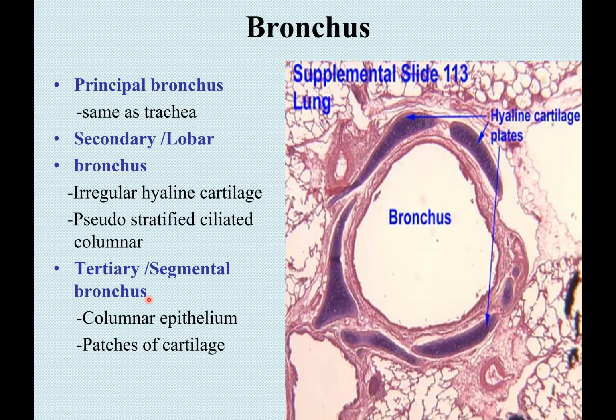So there is a change from pseudostratified to simple columnar. And the irregularly arranged cartilage, you don't see that, but you see patches of cartilage.